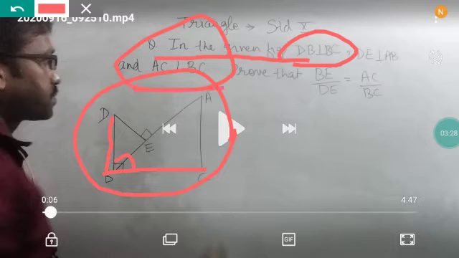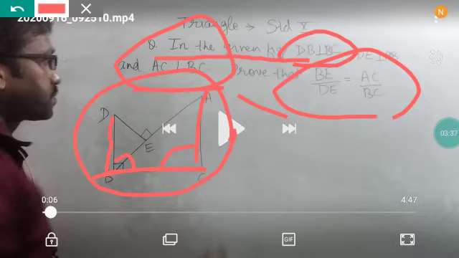AC is perpendicular to BC, this AC is also perpendicular to BC, and then we have to prove that BE by DE is equal to AC by BC. Clear? So let us start how we can prove this.